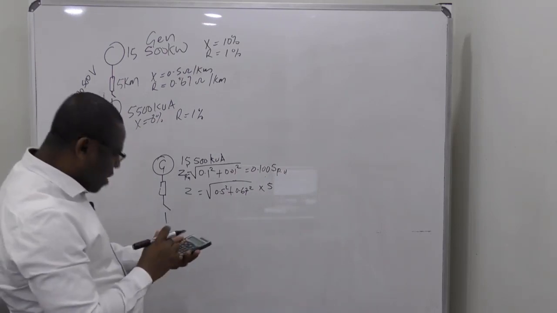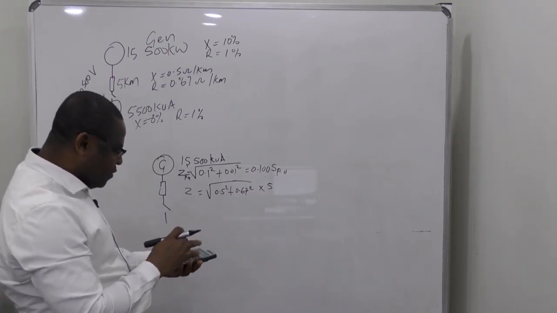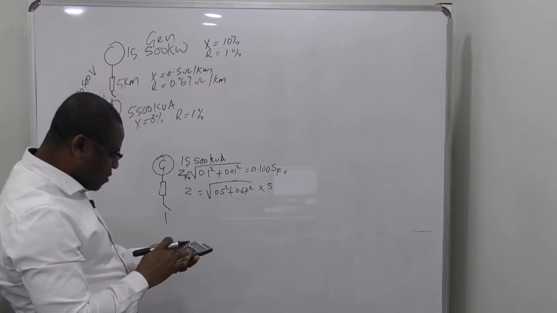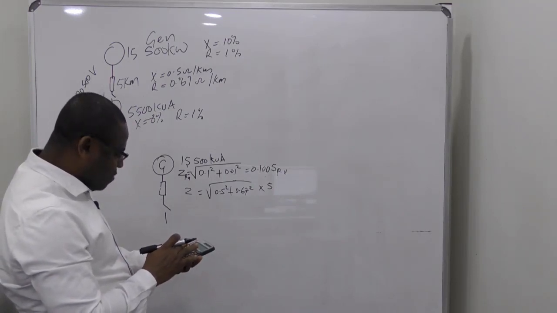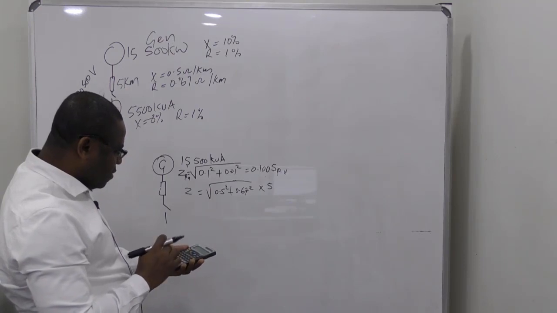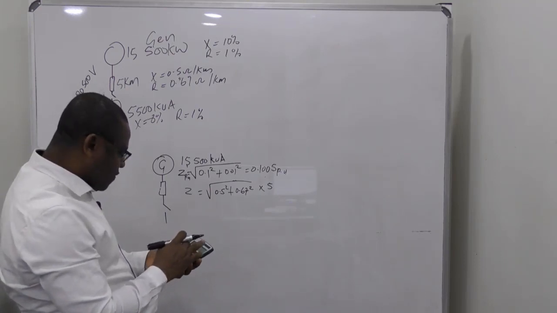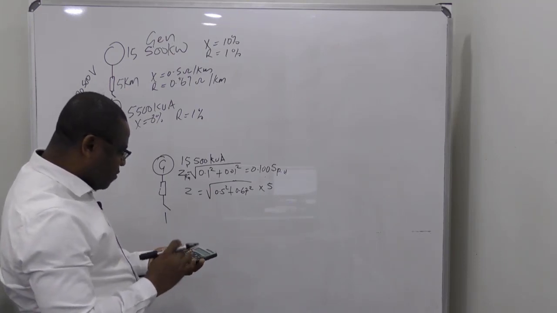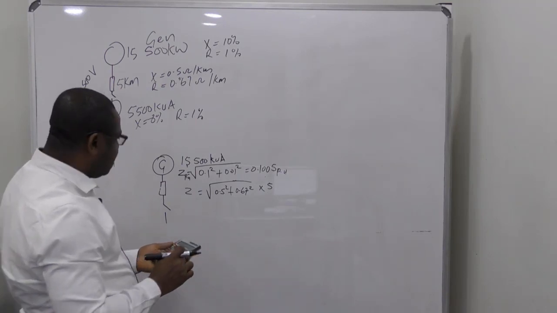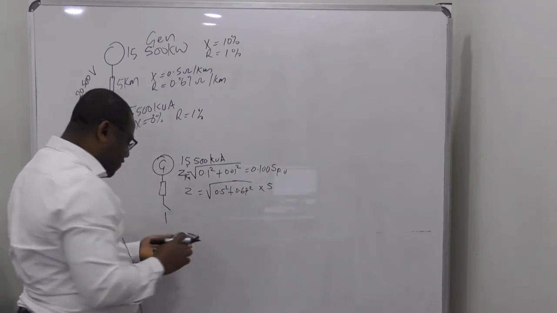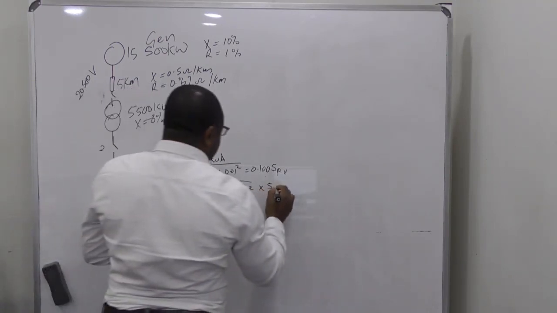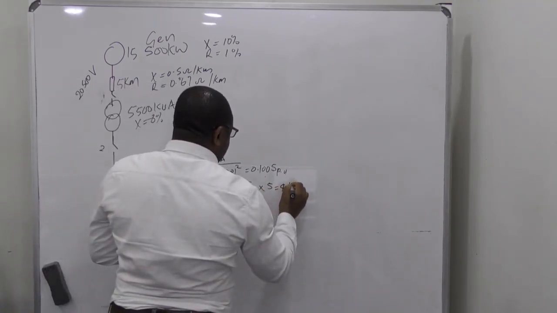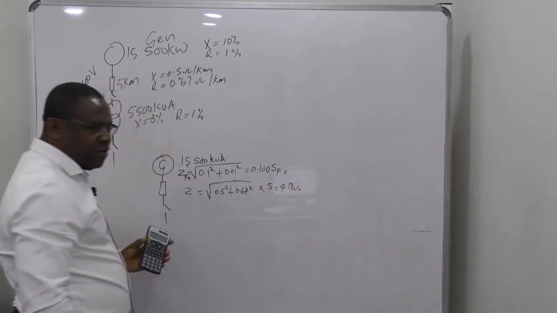So let's see, we have 0.5 squared plus 0.67 squared. You get something, and then the square root of that will give you 0.836. Then multiply by 5, you get 4.18, but this is in ohms.